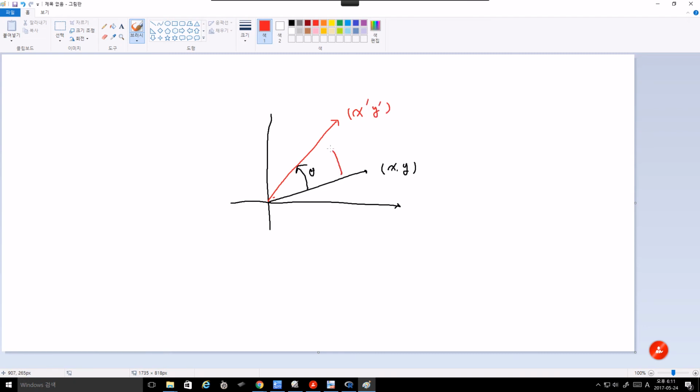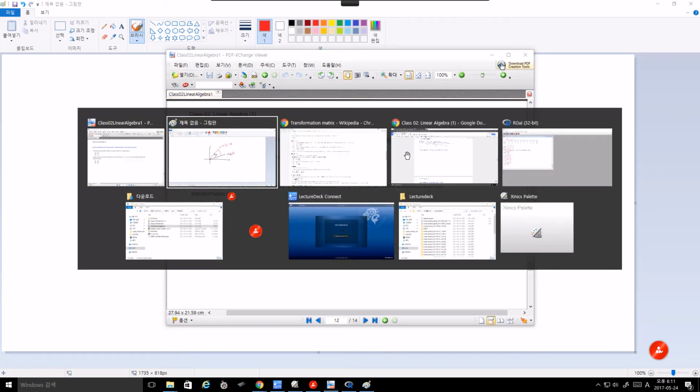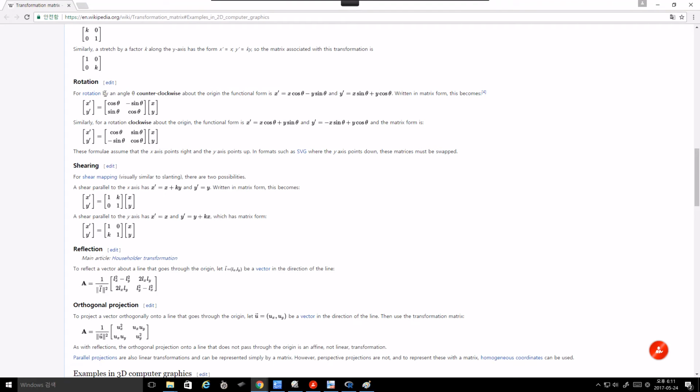So we are basically rotating a vector, and the relationship between the first one, x, y, and the second one, x prime, y prime, is this: x prime, y prime equals the matrix with rows cosine theta, minus sine theta, and sine theta, cosine theta, times x, y.